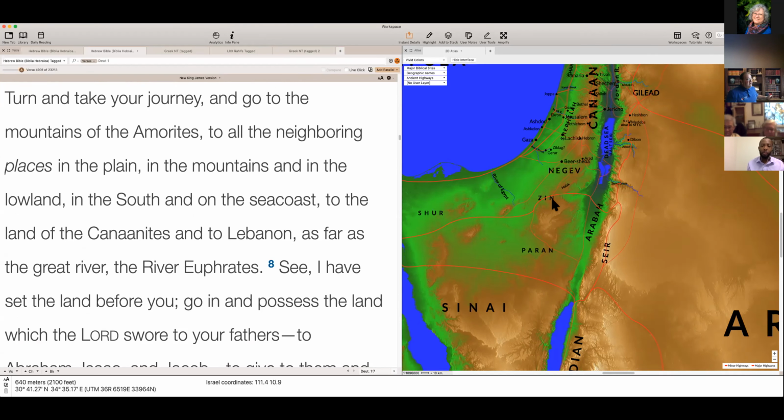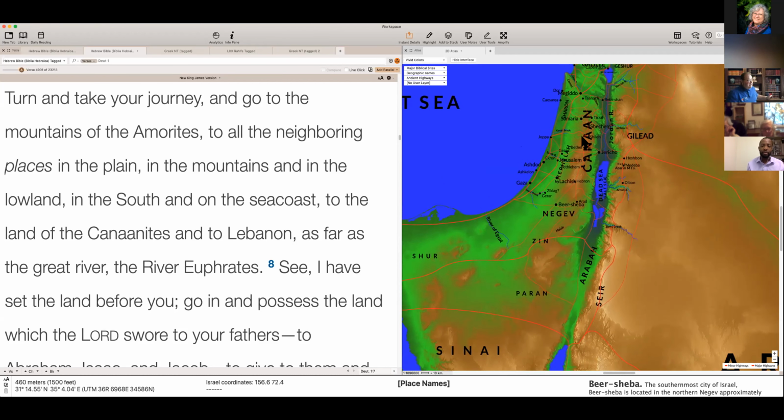When they come right here, it's very easy for them to see the southern frontier of the land of Canaan, which actually goes right up to here. So that's their land. And it's very clearly visible and reachable here.